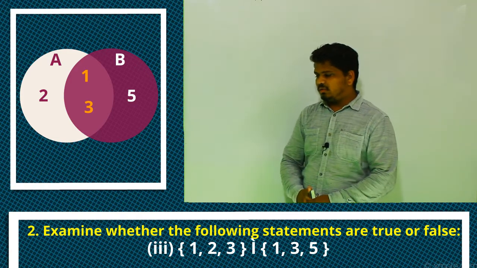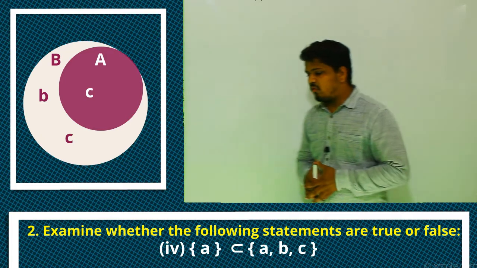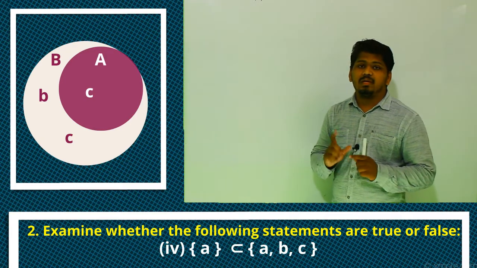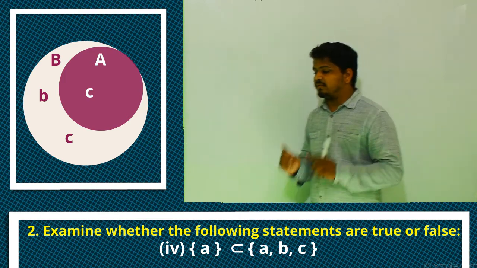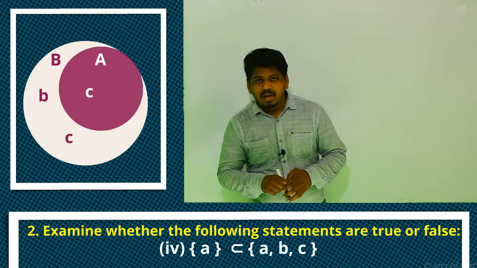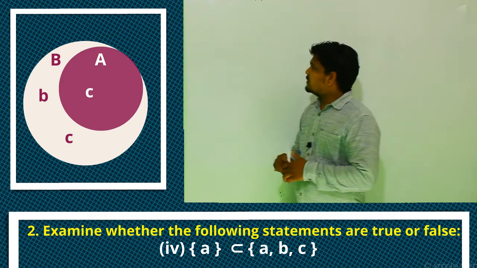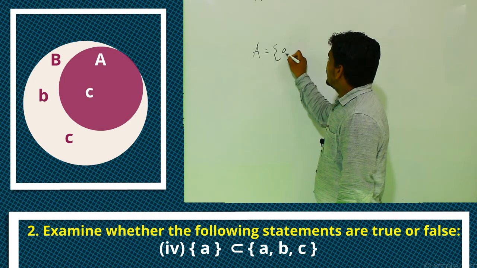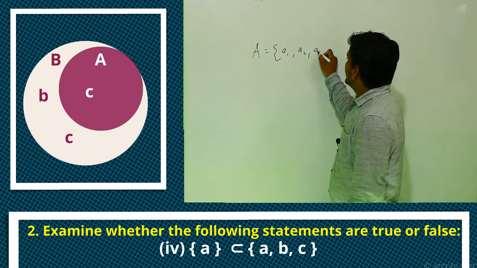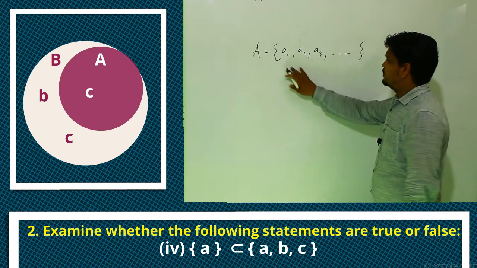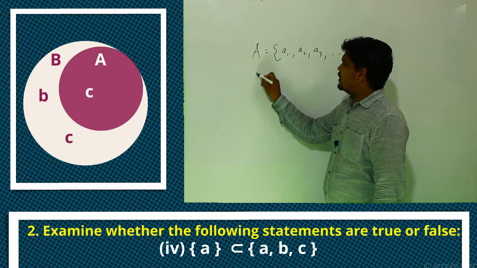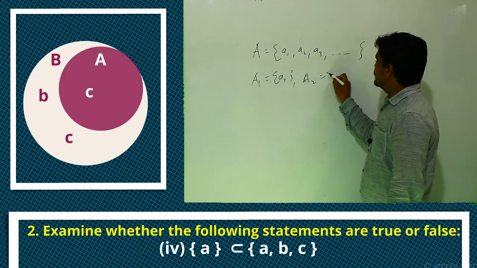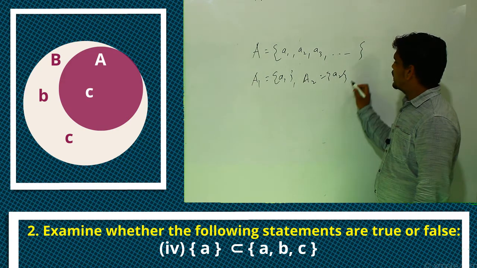Okay, this was an easy one. Now the fourth one. What does the fourth one say? Singleton {a} is a subset of {a, b, c}. But in my lecture I have told you about all singleton sets of your set A. Suppose A is nothing but {a1, a2, a3 and so on}. Suppose A1 is equal to singleton {a1}, A2 equals singleton {a2}, and so on.